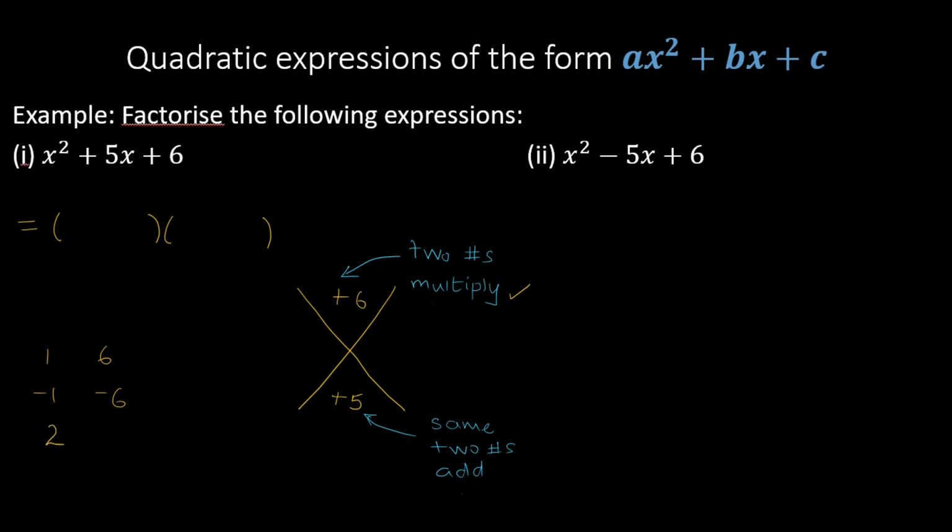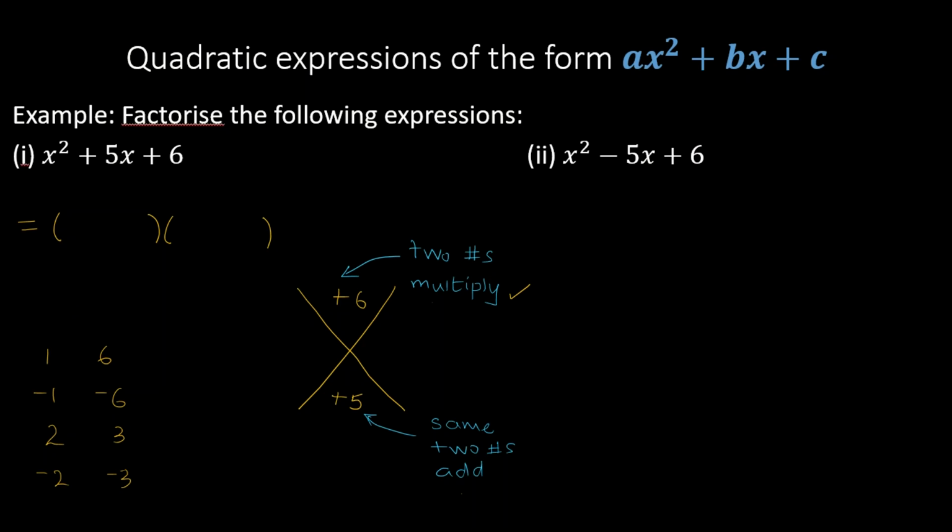We have also 2 times 3. And we have also negative 2 times negative 3. So these are the possibilities. Do we have another possibility? No. Right? So these are the possibilities. When we multiply two numbers, we obtain positive 6.